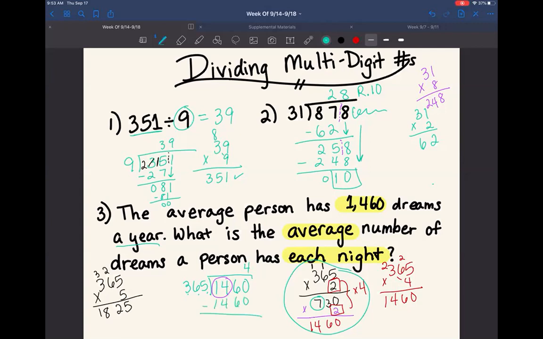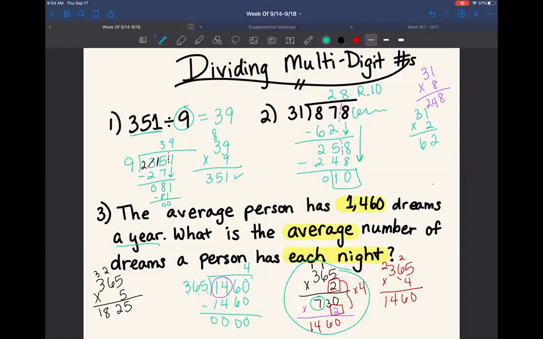I subtract, so 1,460 minus 1,460 is what? What is 1,460 minus 1,460? 0. 0, right? 0 minus 0 is 0. 6 minus 6 is 0. 4 minus 4 is 0, and 1 minus 1 is 0.